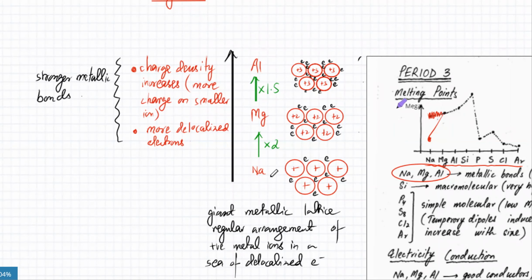Whereas in the case of Na, the charge and the number of delocalized electrons is a lot lesser compared to the other two.